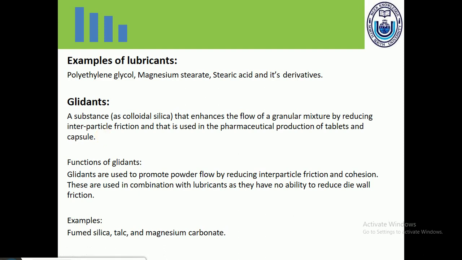The function of glidants is to promote powder flow by reducing interparticulate friction and cohesion. These are used in combination with lubricants as they have no ability to reduce the die wall friction. Examples of glidants are fumed silica, talcum, and magnesium carbonate.